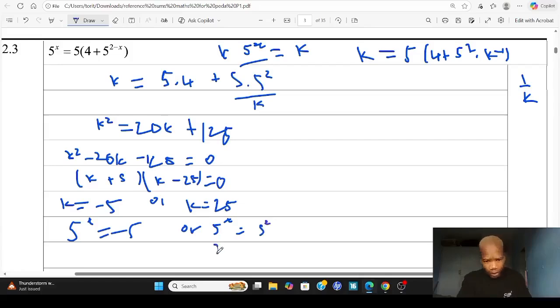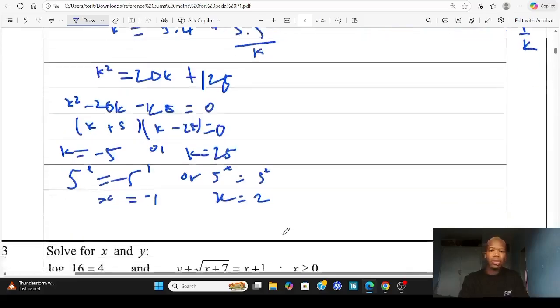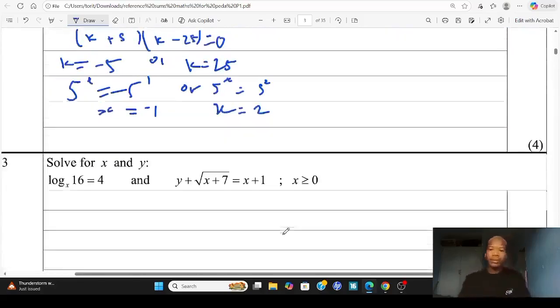So we know that x is equal to 2 or x is equal to minus 1, because 5 to the power 1 is still the same as 5, right? So it's minus 1. So those are our solutions, right?